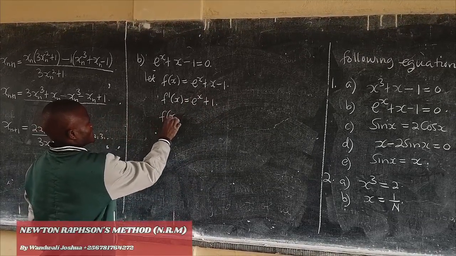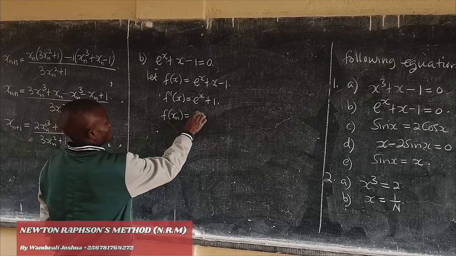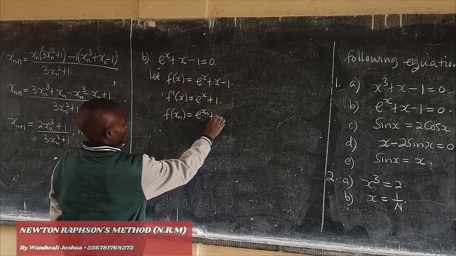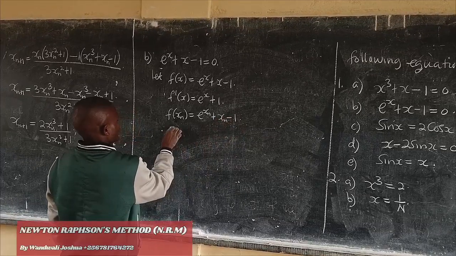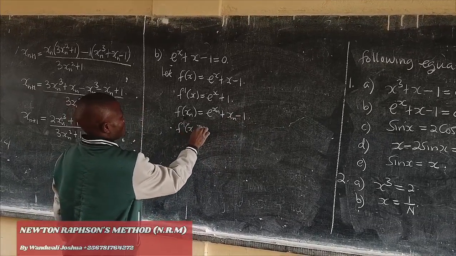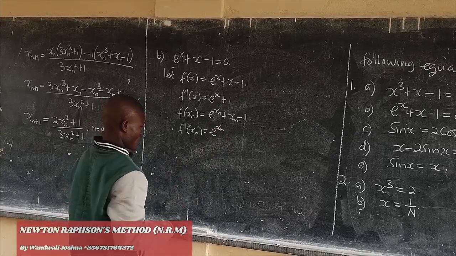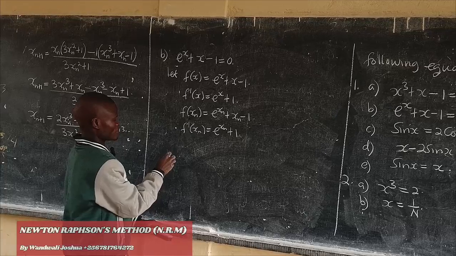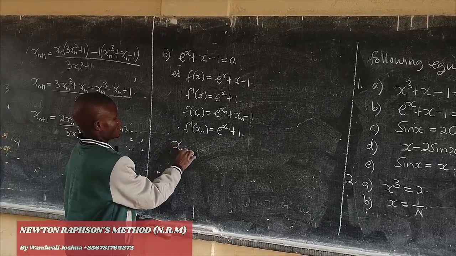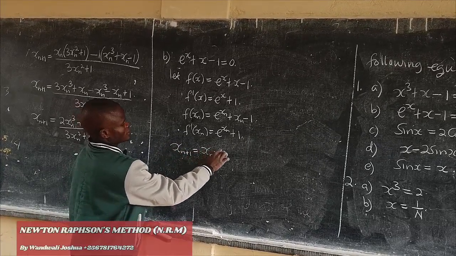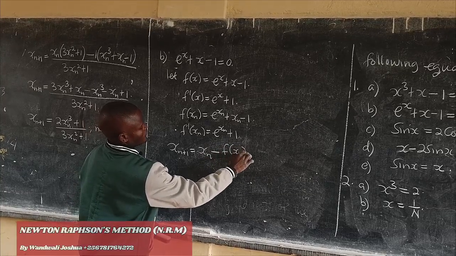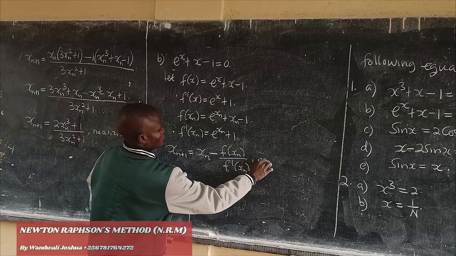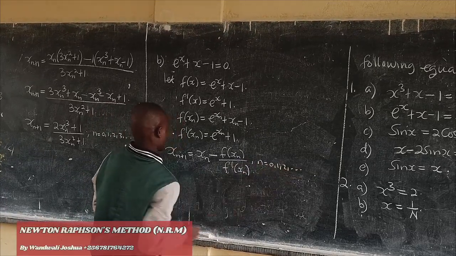So we substitute x_n in f, and that will be exponent of x_n. We are simply putting, where there is x, we put x_n. So this is x_n minus 1. The derivative, the same, which is exponent of x_n plus a 1. Then quote the Newton-Raphson formula given by x_{n+1} is equal to x_n minus f of x_n over this, and that is for n equal to 0, 1, like that.